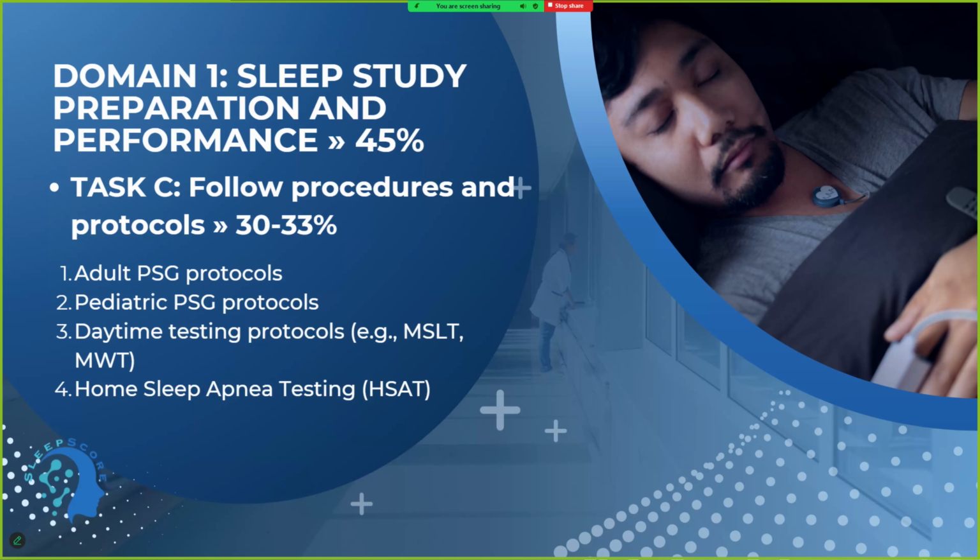There are different kinds of protocols: adult protocols, pediatric protocols, daytime testing protocols (MSLT, MWT), and home sleep study testing protocols. So there are 4 different types of protocols you have to follow. The adult protocols, like PSG protocols, cover how you're going to do the hookup, how you're going to run the sleep study, and what kind of montages you select. Normally, about 30 to 33% will come from this one.